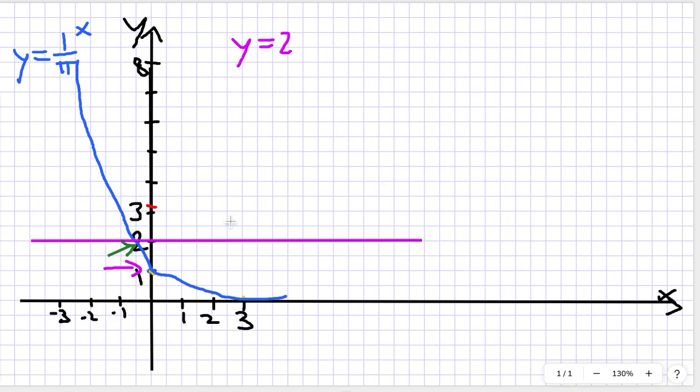This is going to be a negative answer. And the question was simply, is it positive or negative? And we have to say that the log of 2 base 1 over pi is negative.